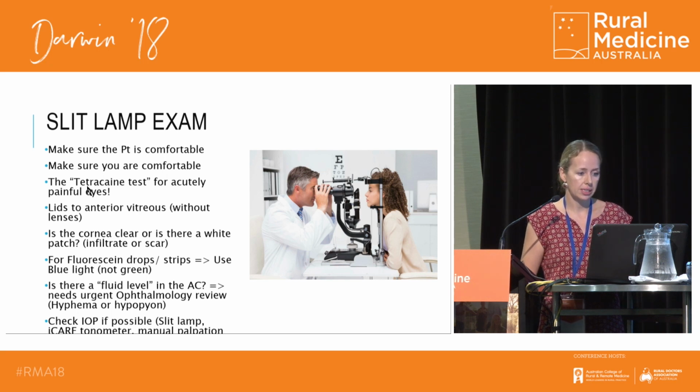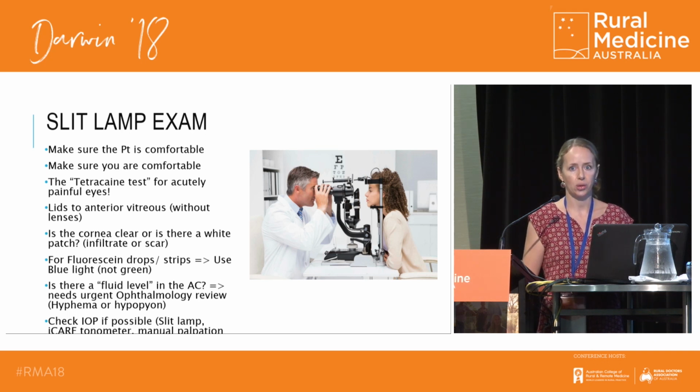The tetracaine test, essentially: if you have a patient who comes in with a really painful eye, they can't open their eyes, it's watery and they're really in distress, there's no harm putting some tetracaine or proxymetacaine in the eye to see if that settles them. So put a few drops in, wait a minute, and see if that improves the problem. If it does, it's more likely going to be a corneal problem, like an abrasion, a foreign body, keratitis, something like that.